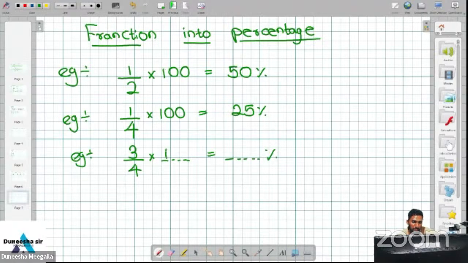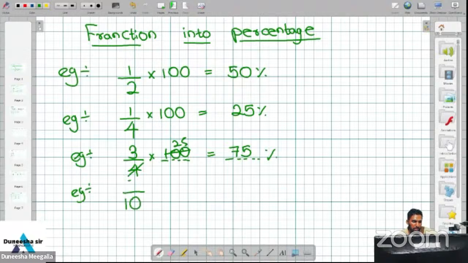Yes, the multiplication is 100. Then how many 4s per 100? It's 25. Then 25 multiplied by 3 is 75. Is it? Yes, sir. Okay.